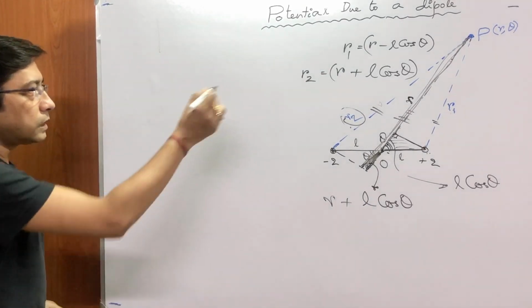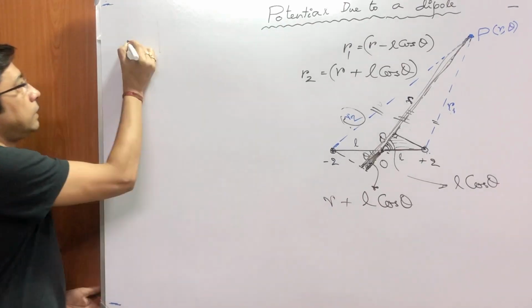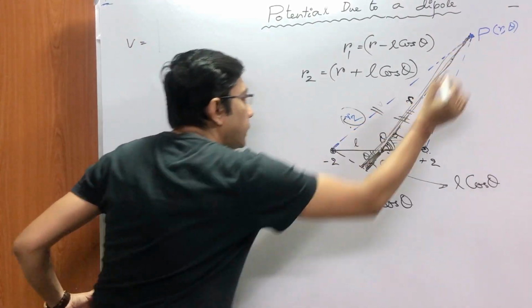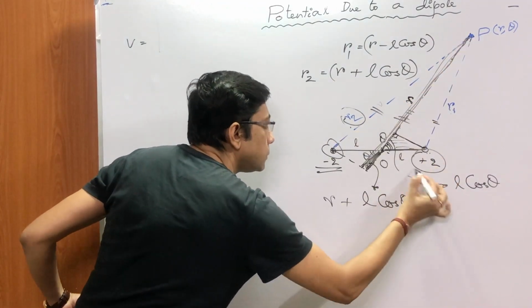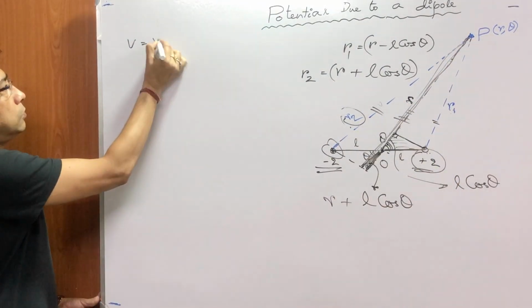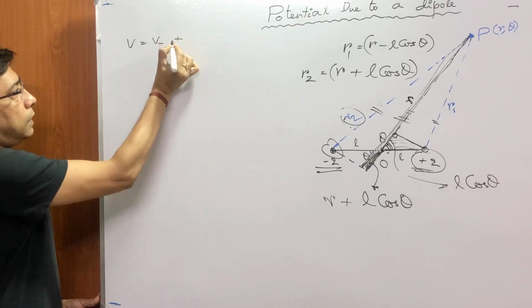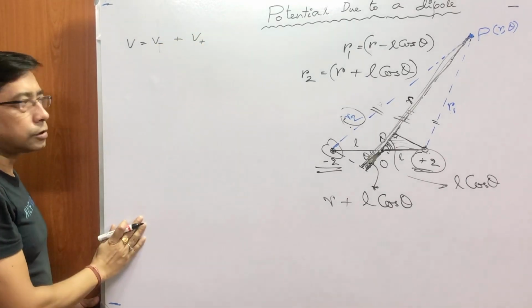So let's find V. Total V at this point P would be given by V due to the minus charge plus V due to the plus charge. So V equals V due to the minus charge plus V due to the plus charge.